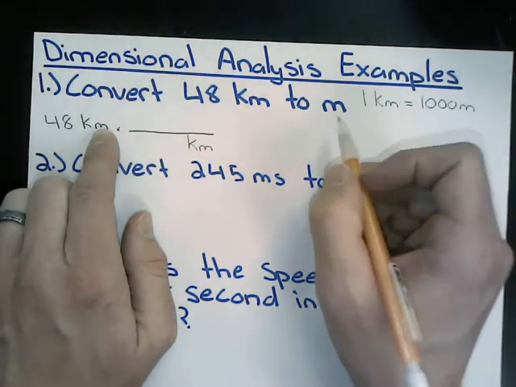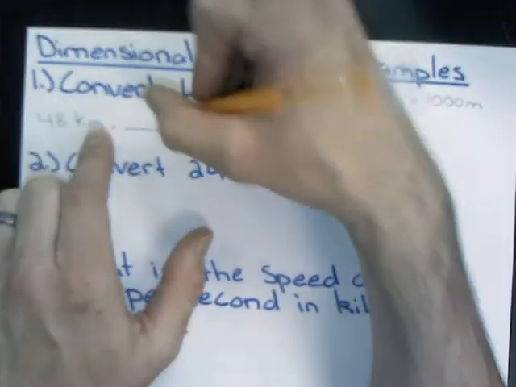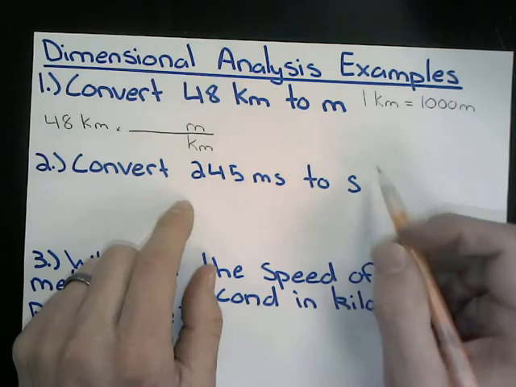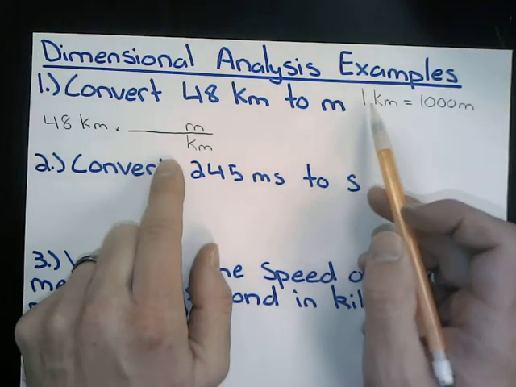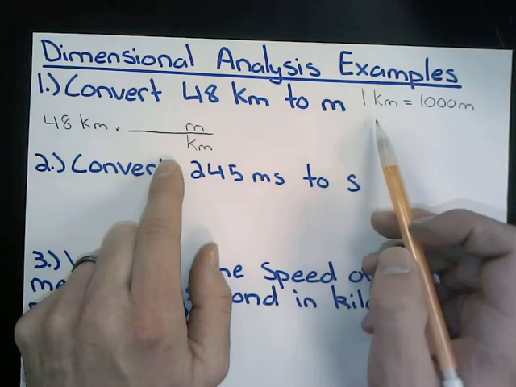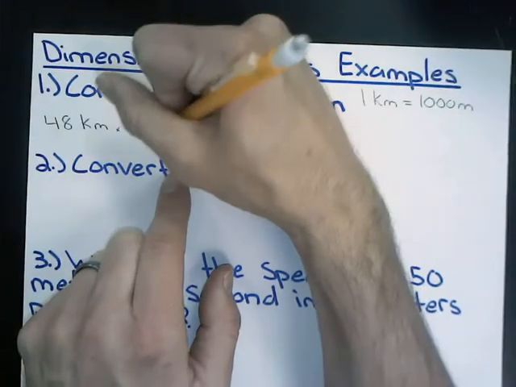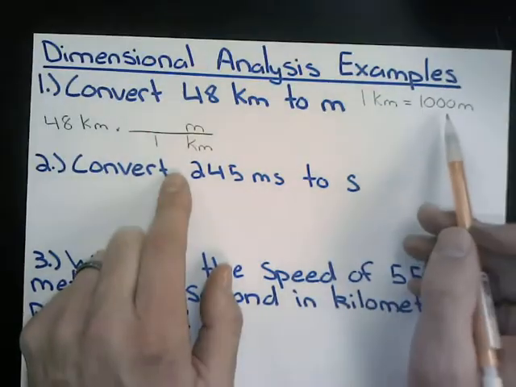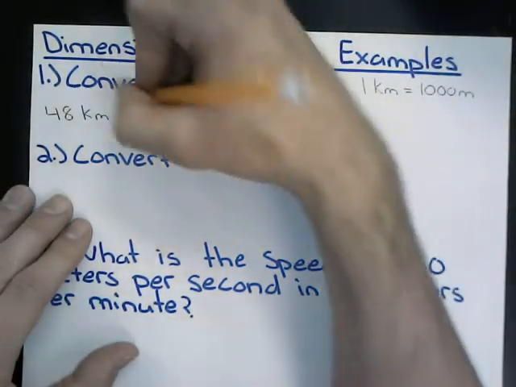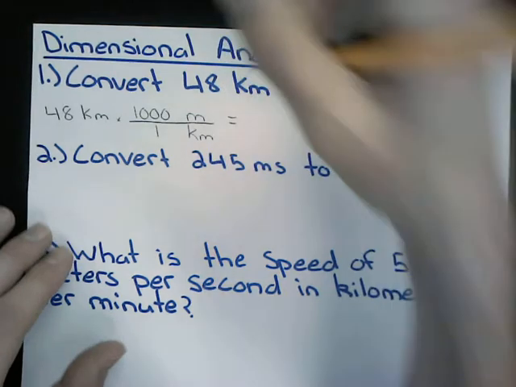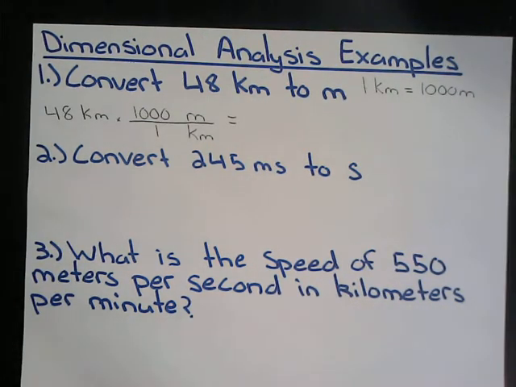And then that new unit we're trying to introduce, meters, needs to go in that top spot. Now, all we need to do is plug these values into our conversion. The number associated with kilometers is 1, and the number associated with meters is 1,000. And now we're ready to convert from kilometers to meters.